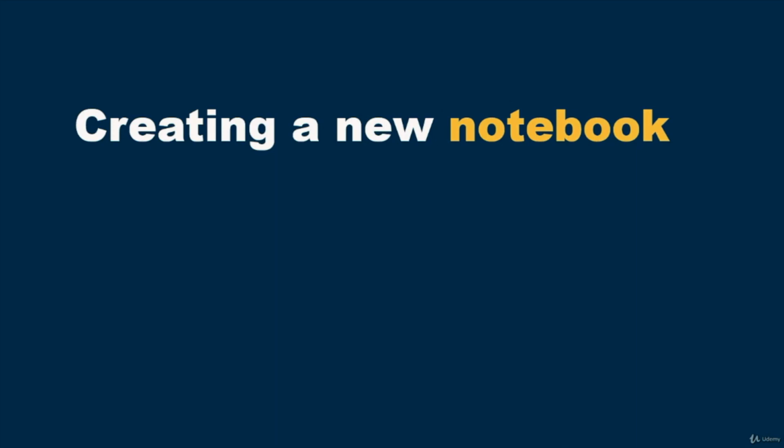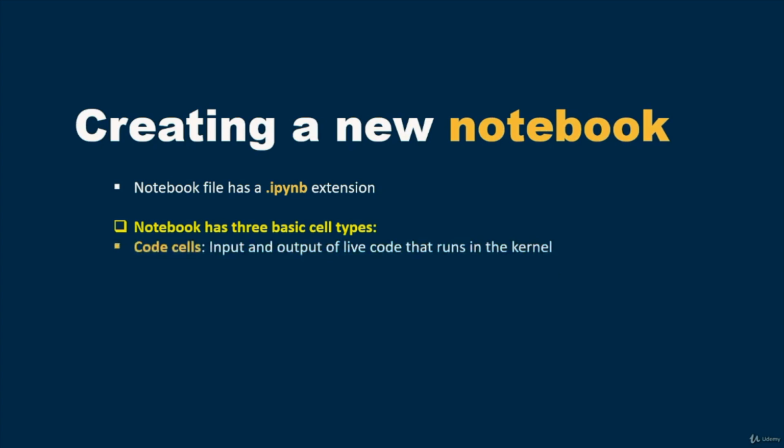A notebook will have the file extension .ipynb. Also, a notebook consists of three basic types of cells. They are code cells, which will include the input and output of the live code that runs in the kernel.